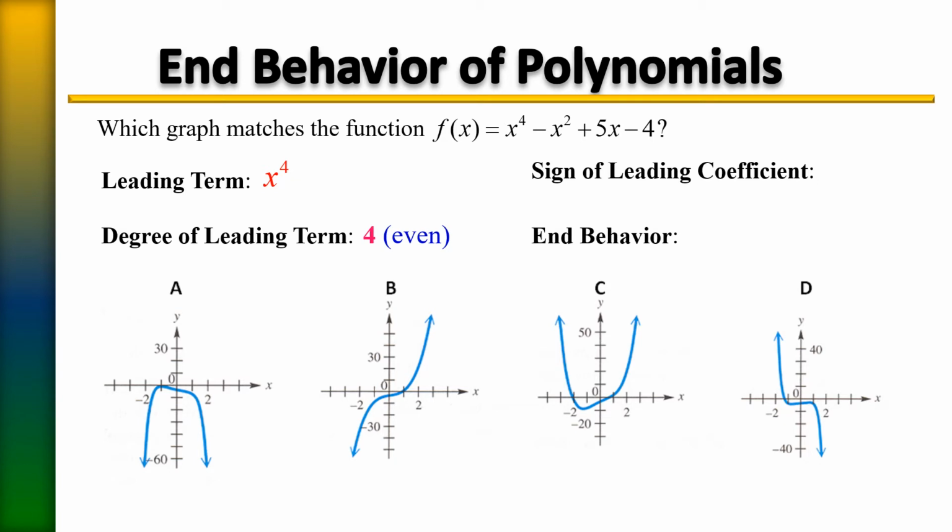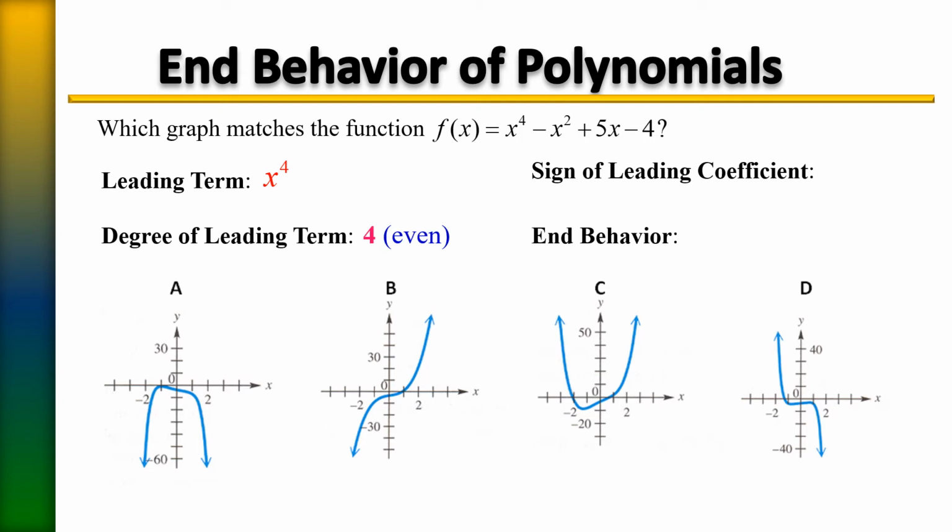And recall, with even polynomials, for the end behavior of the graph, you're going to have both ends either open up, like a rise up, or both ends will fall down, will point downward. So what determines it? Well, it's actually the sign of the leading coefficient that determines that.